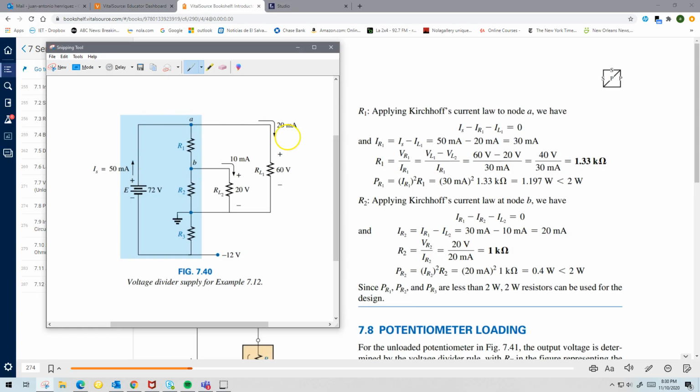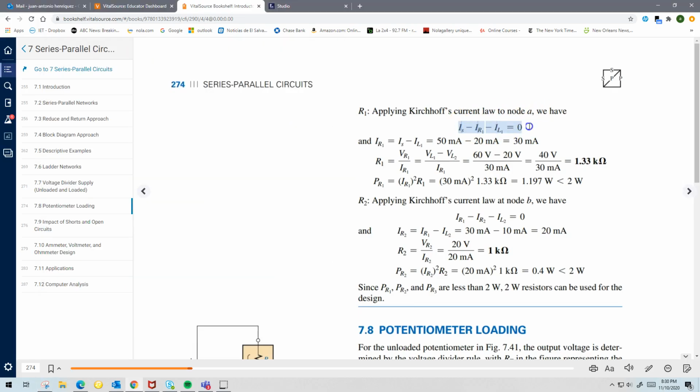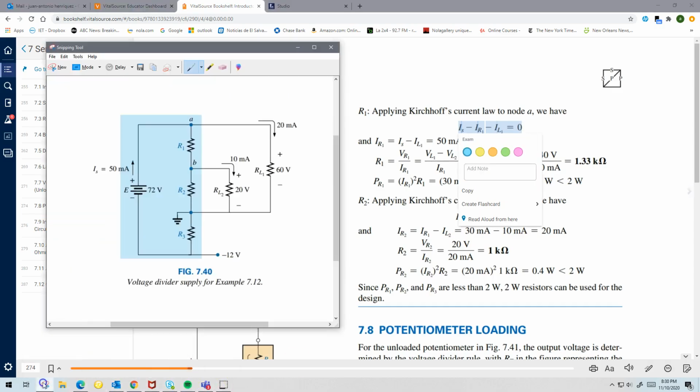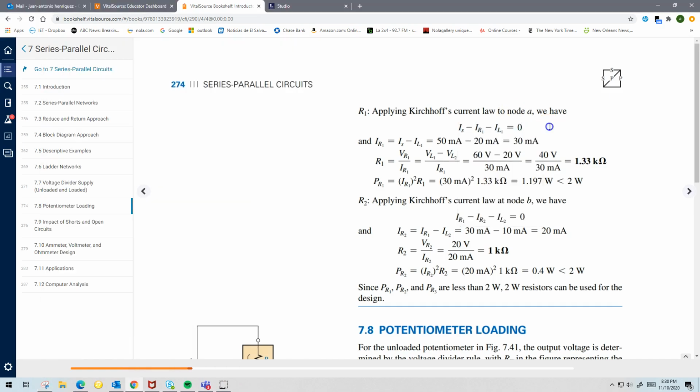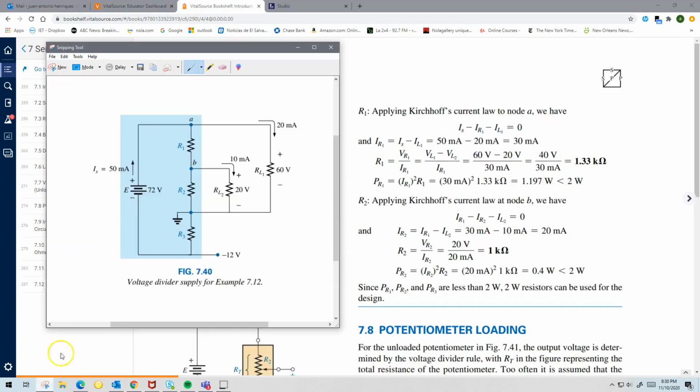Coming out, I have 20 milliamps. So applying KCL, this is my formula. Make sure that you're clear how we got this based on the direction of this current. And now that I have that, I can solve for IR1 because I know the other two currents.